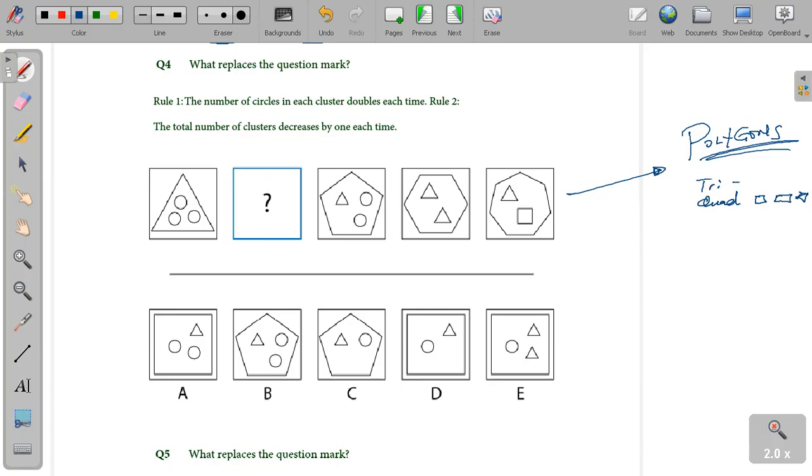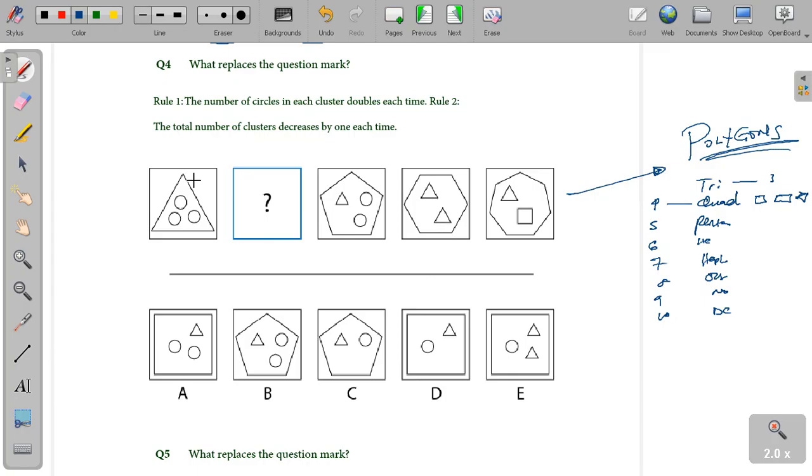A triangle has three sides. A quadrilateral has four sides. Then we have the pentagon, which has five sides. Hexagon, six sides. Heptagon, seven sides. Octagon, eight sides. Nonagon, nine sides. And decagon, which is 10 sides.